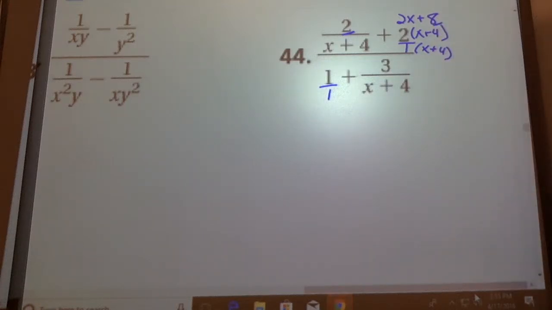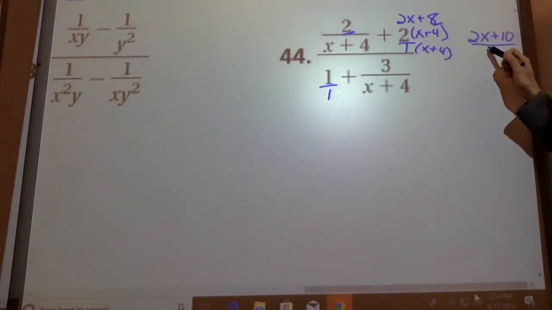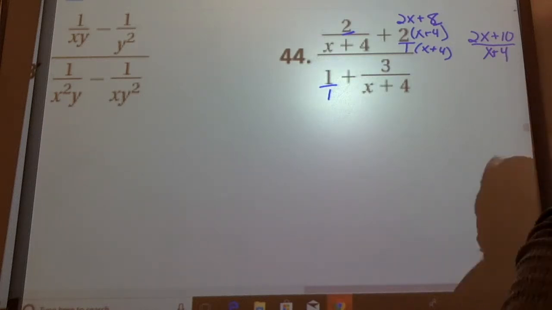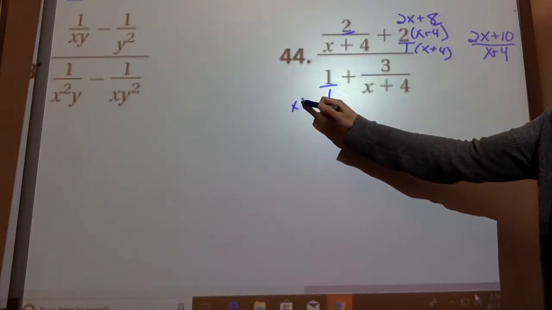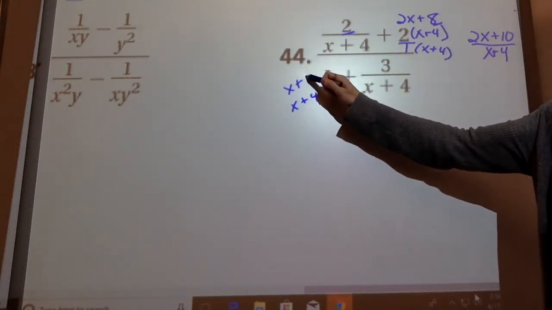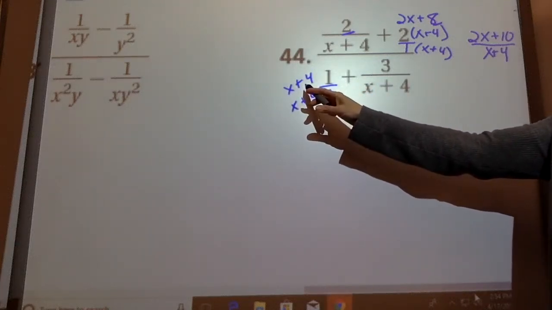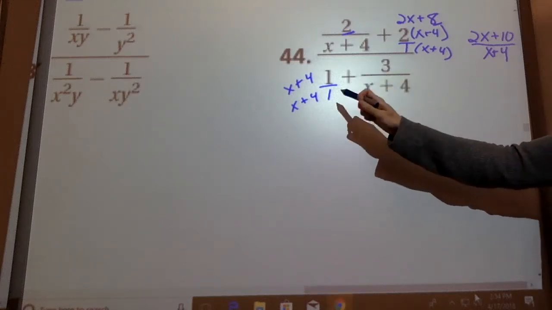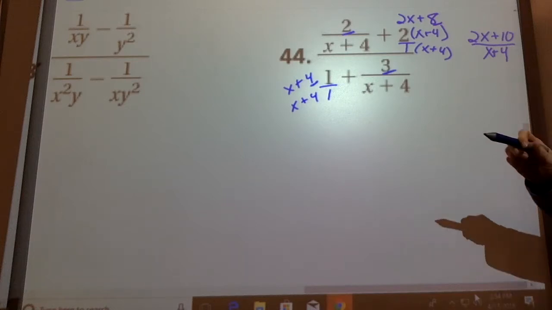So the top becomes 2x plus 10 over my common denominator. Here again, x plus 4 and 1, so x plus 4 is my common denominator. Okay. 1 times x plus 4 is just x plus 4, so I'm going to have an x plus 4 plus 3, so 4 and 3 would be my like terms, so I get x plus 7 over the common denominator.